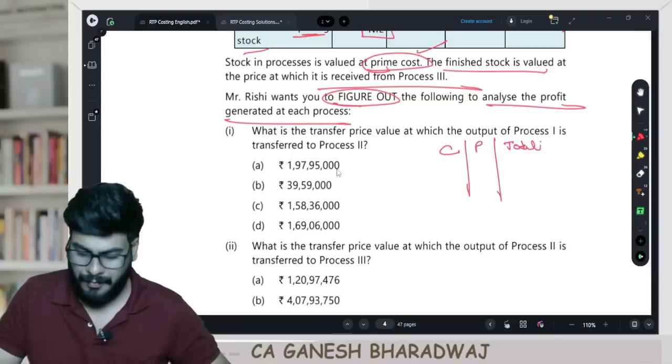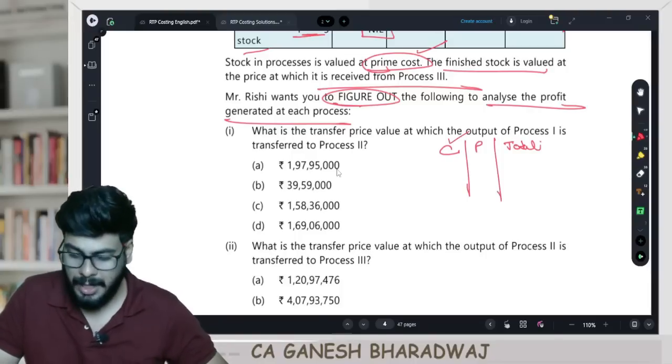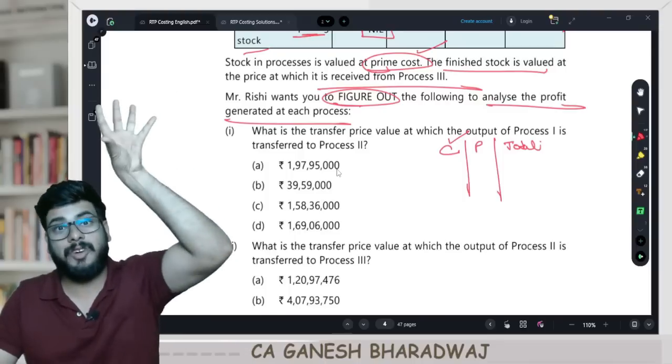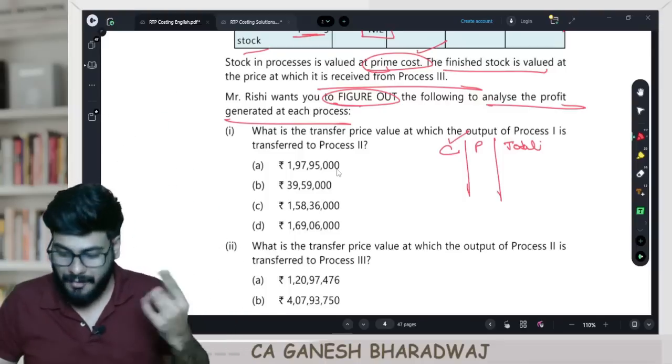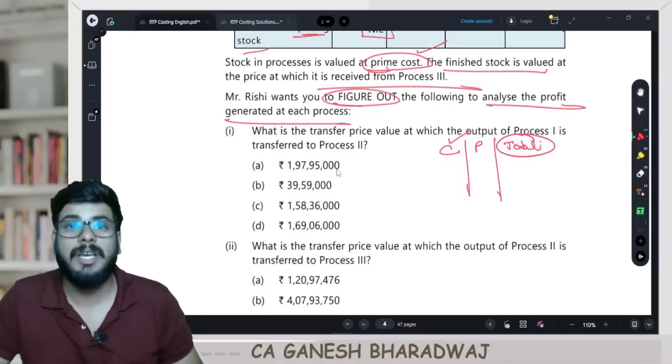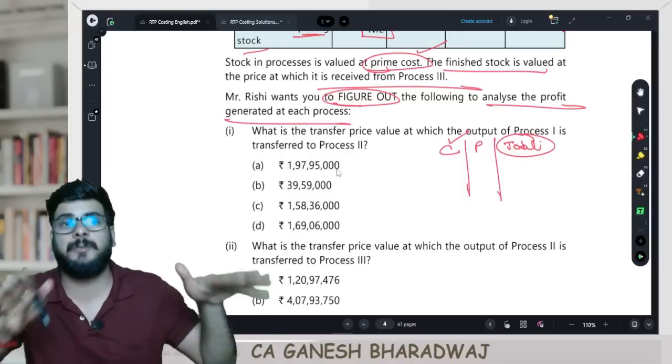Now, this cost is cost from the perspective of the company, not from the perspective of that particular process. Whereas this total column is actually the cost from the perspective of that particular process.